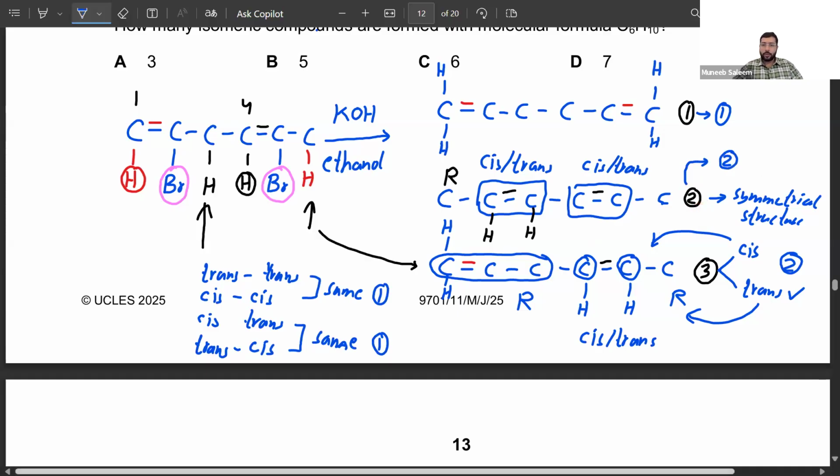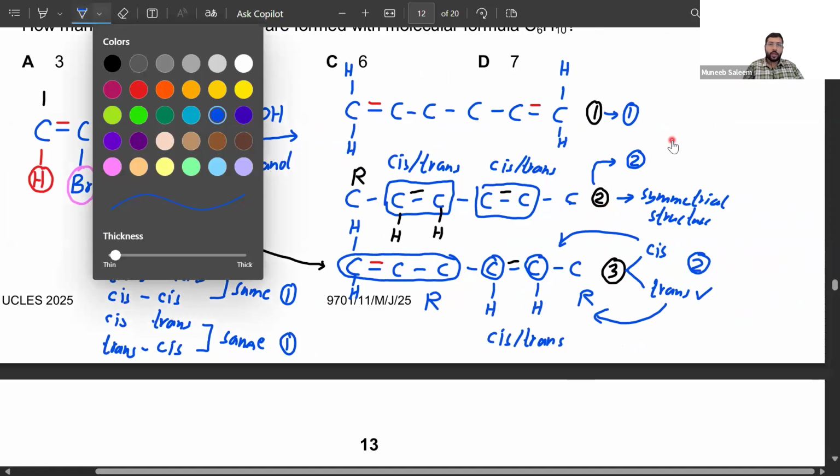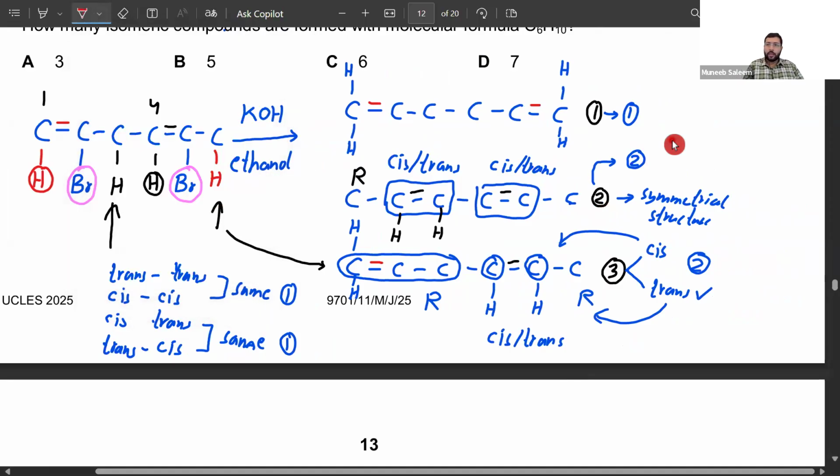Now the thing is that if I try to calculate total isomers, how would I tell? I would say that this is my first isomer, and without considering stereoisomer, this was my second isomer, and without considering stereoisomer, this was my third structural isomer.